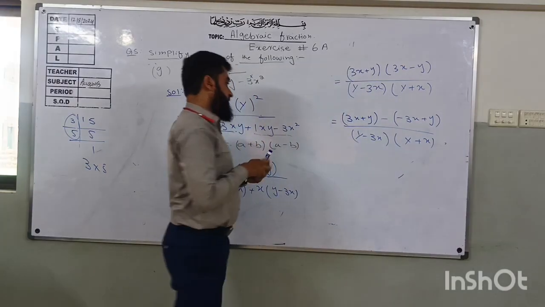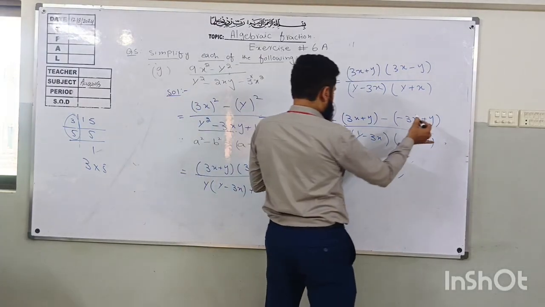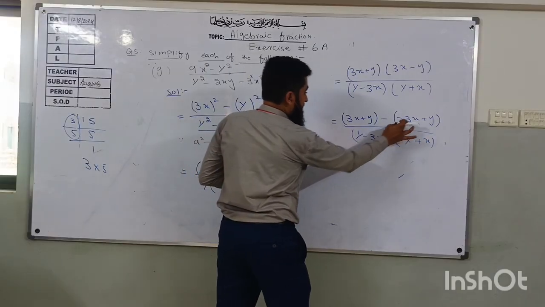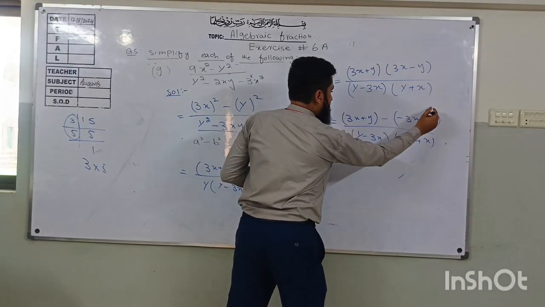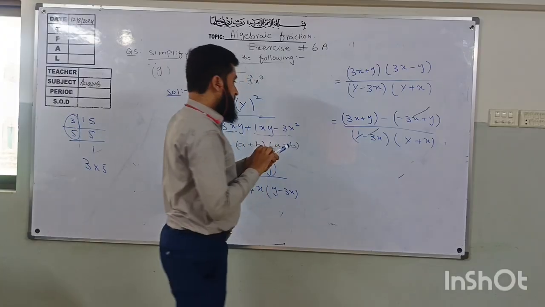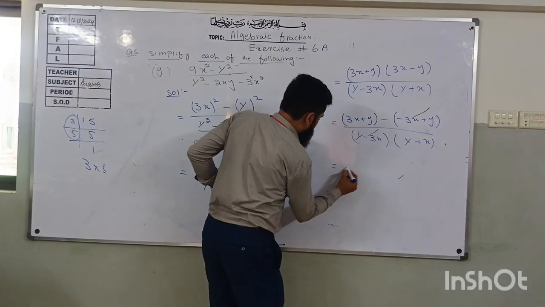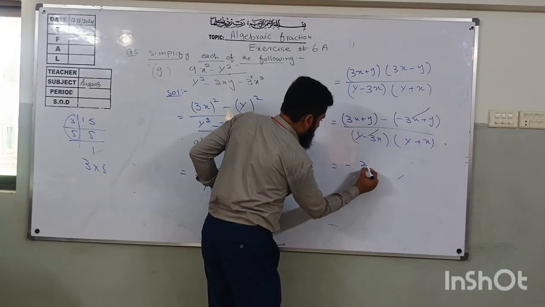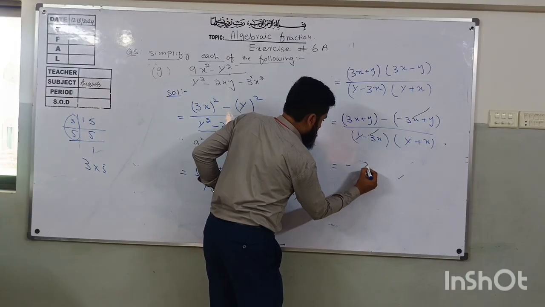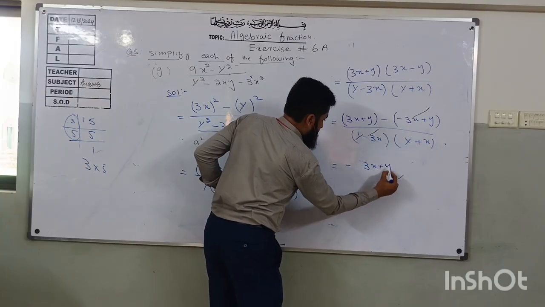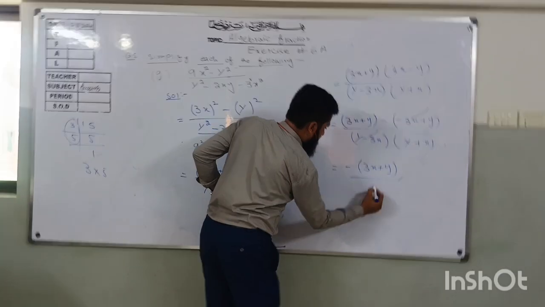What cancels? Minus 3x plus y is totally cancelled. Remaining is minus 3x plus y upon y plus x.